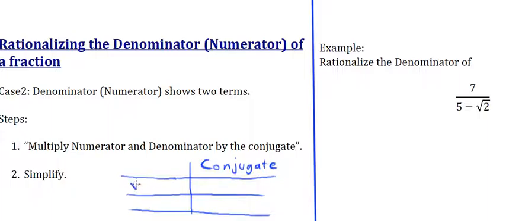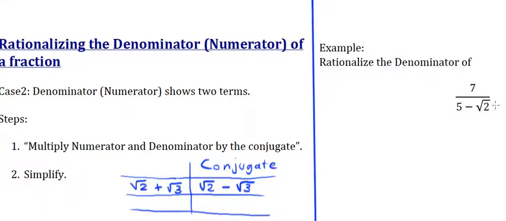Suppose I give you square root of 2 plus square root of 3. What should be its conjugate? It turns out the conjugate is the same thing except for the sign in between. So the conjugate of square root of 2 plus square root of 3 is square root of 2 minus square root of 3. Notice we change just the sign in between for its opposite.